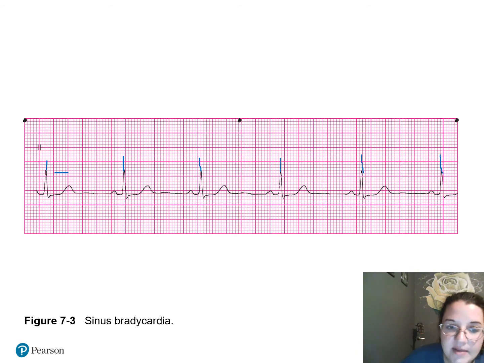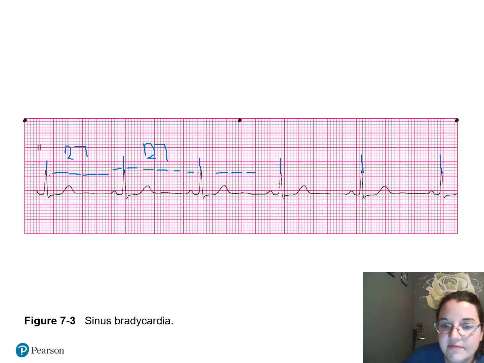So I'm going to count by fives. 5, 10, 15, 20, 25, 26, 27 boxes. I'm going to do it here. 5, 10, 15, 20, 25, 26, 27. So all I'm doing is counting the big boxes and then adding the extra boxes on both sides.